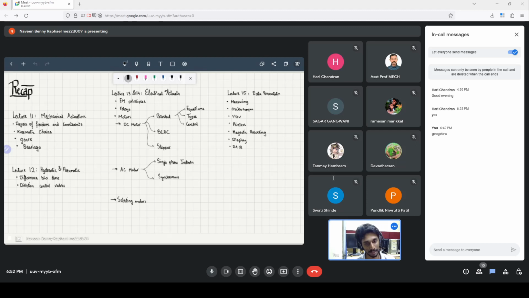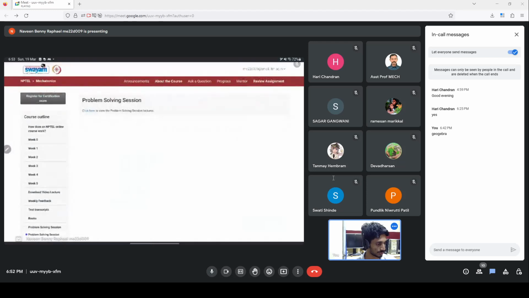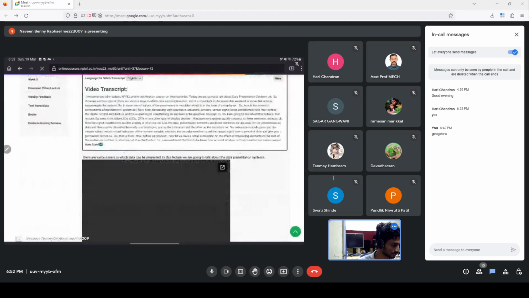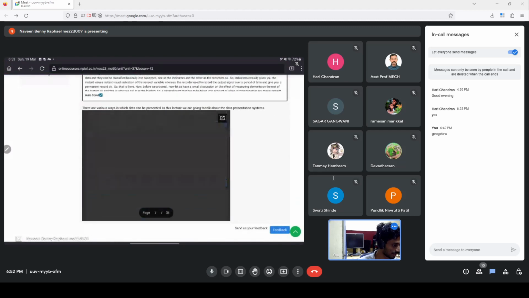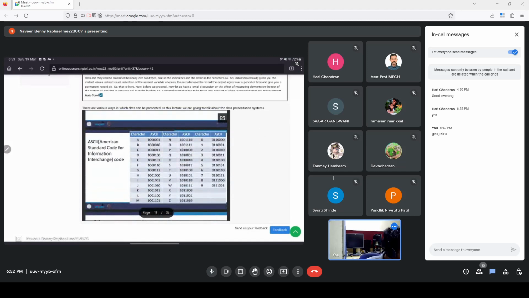One part in the data presentation section is about ASCII, and the ASCII codes are kind of neat in my opinion. For example, small case a, small case b, and all have the second last bit as 1.